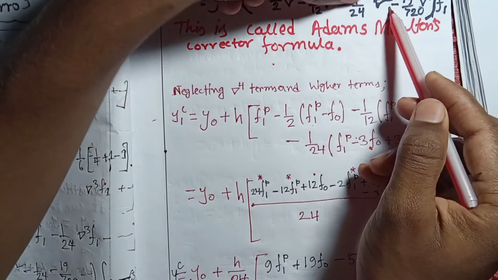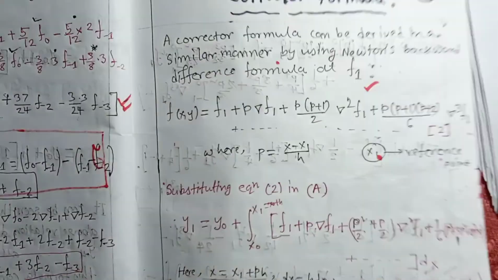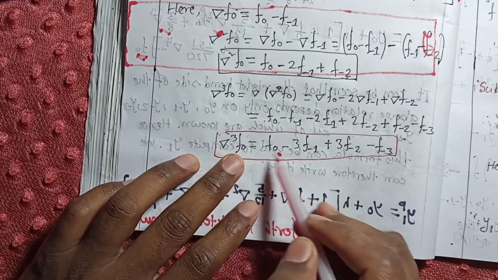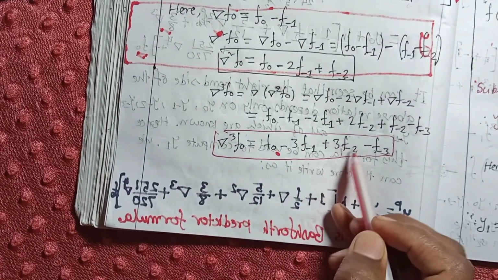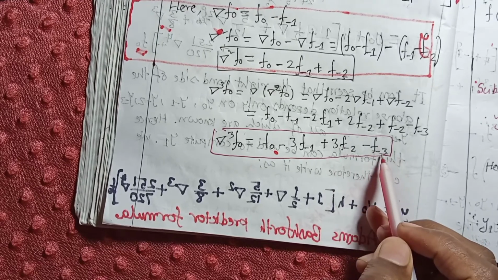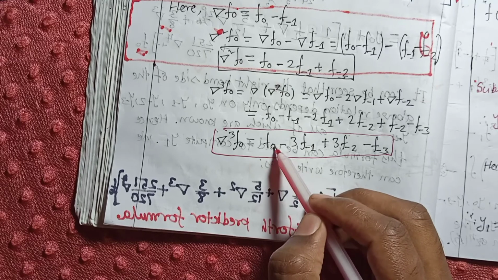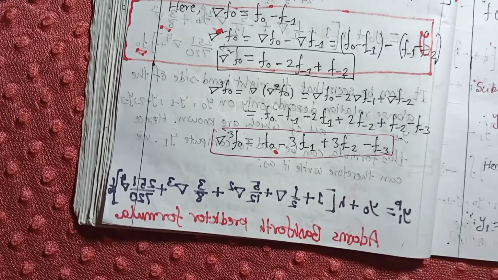And then nabla cubed, we previously saw that nabla cubed f1 is f1 minus 3 f0 plus 3 f sub minus 1 minus f sub minus 2, with 1 here, 0 here, minus 1 here, minus 2 here.